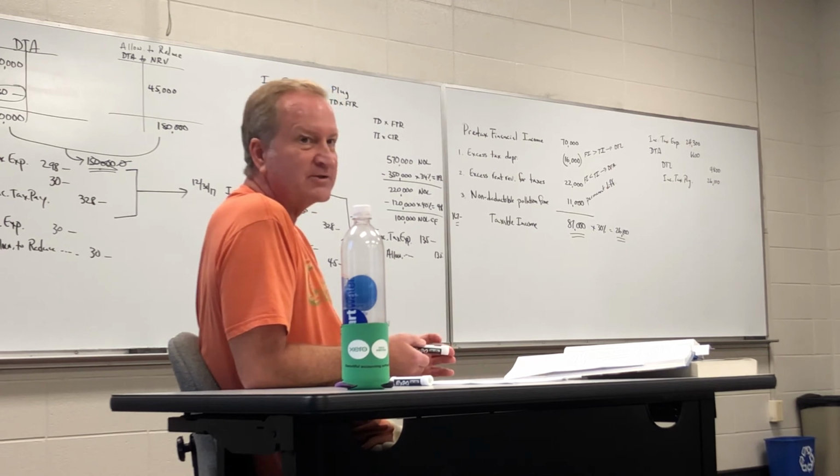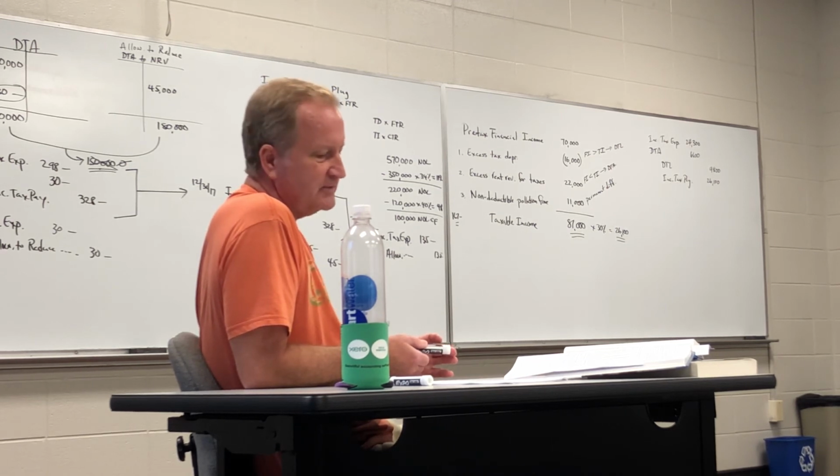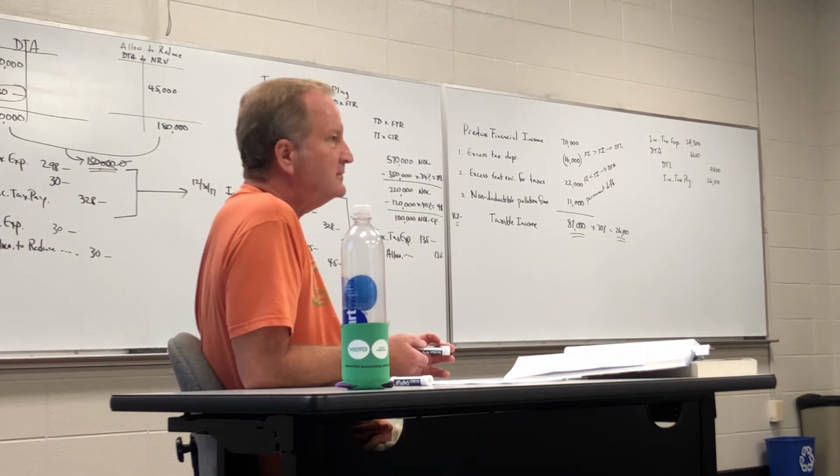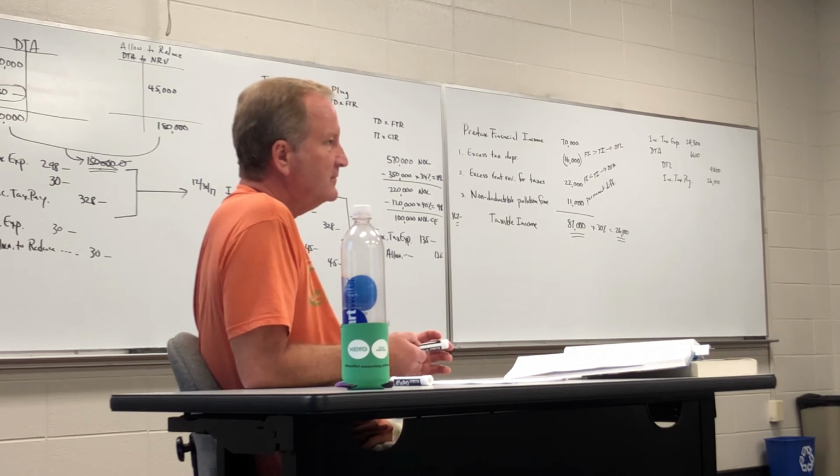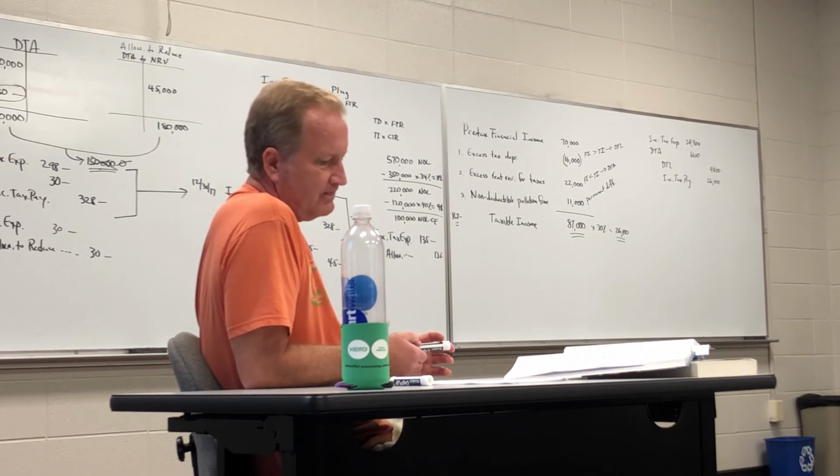Then I'm going to my current assets. Change in accounts receivable net, 23,900. Change in inventories, 4,600, positive.